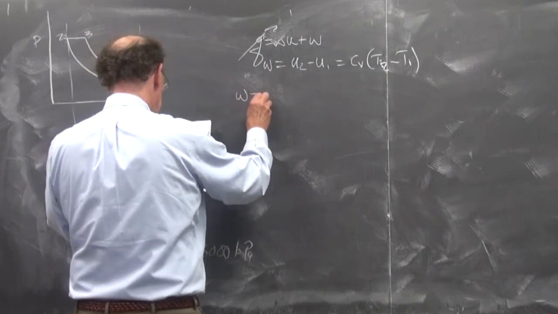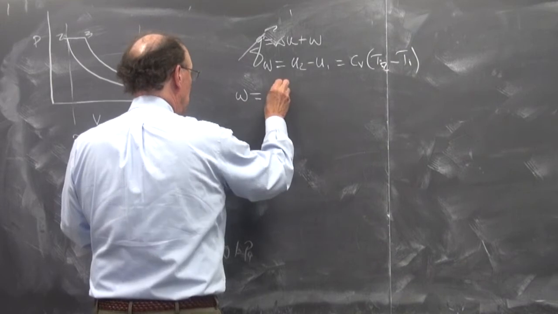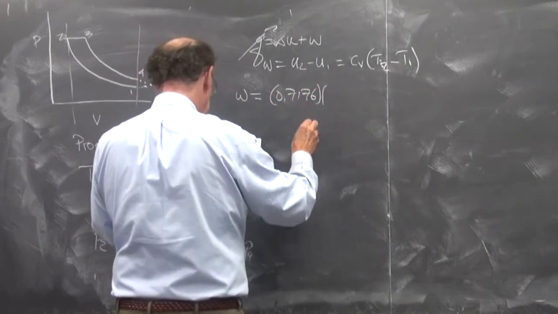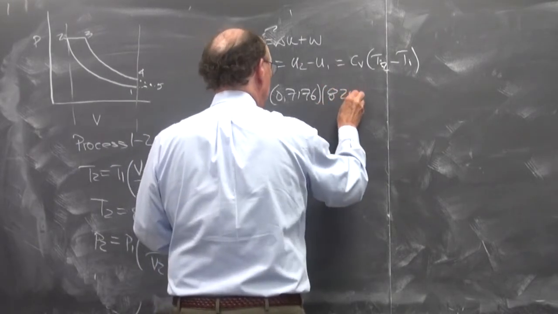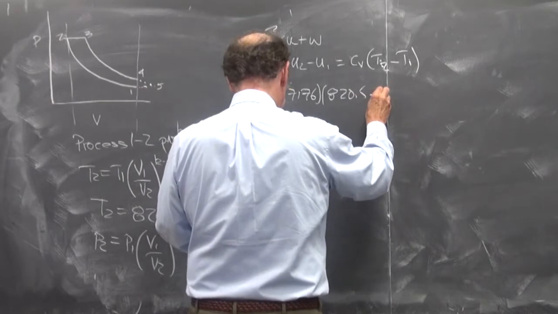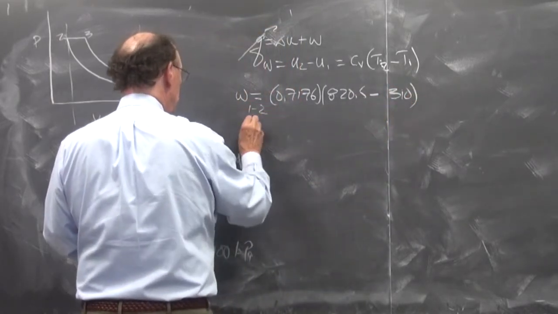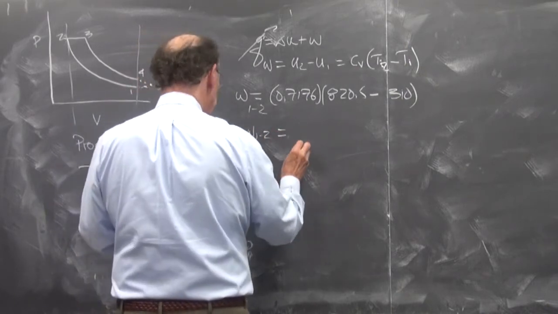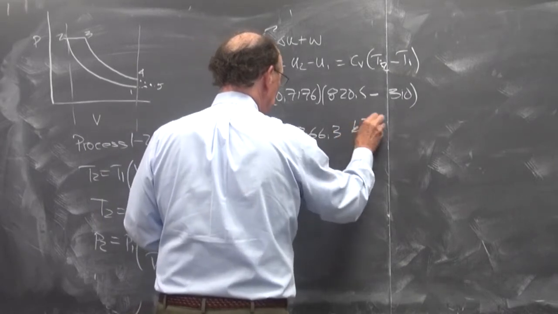So W is equal to 0.7176 times T2, 820.5, minus T1, 310. And so we get that W12 is equal to 366.3 kilojoules per kilogram.